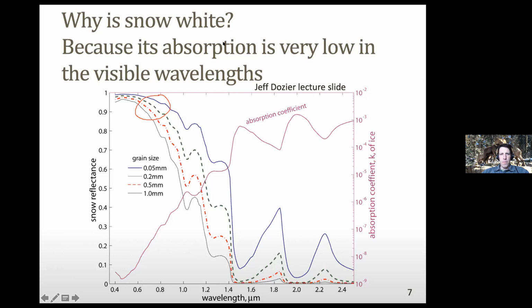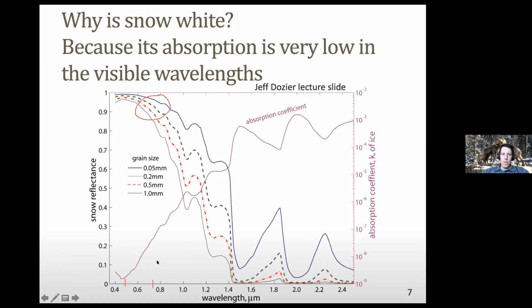So let's see if I can draw from here to here. It's a pretty small part of this graph. And you can see the snow reflectance is very high there, no matter what the grain size is.